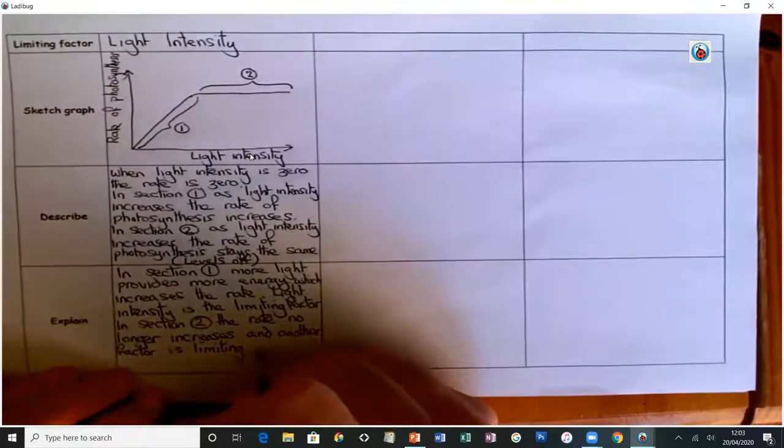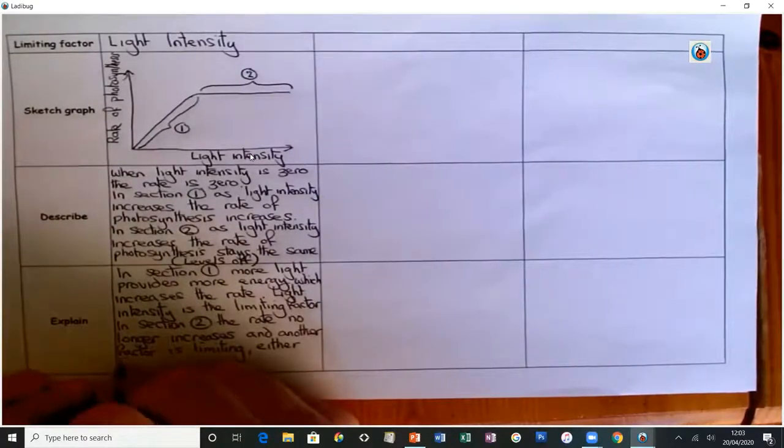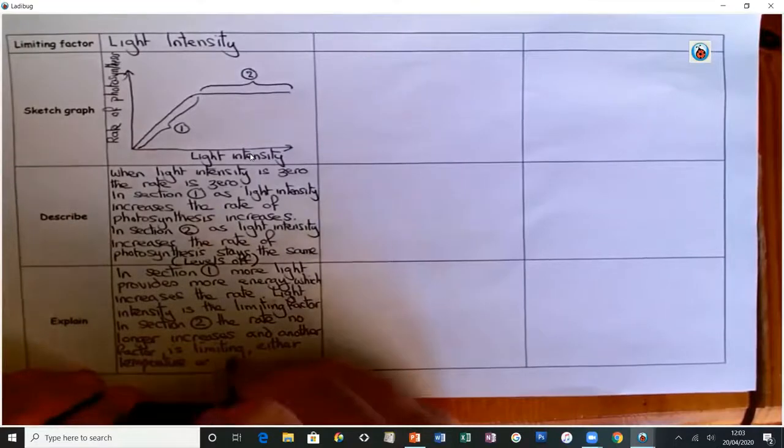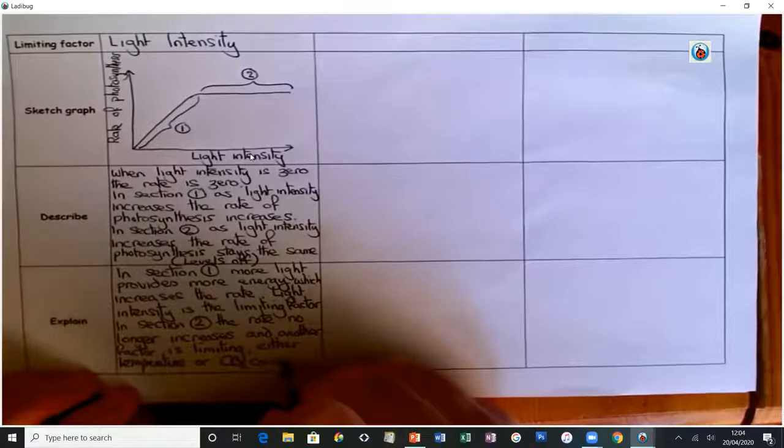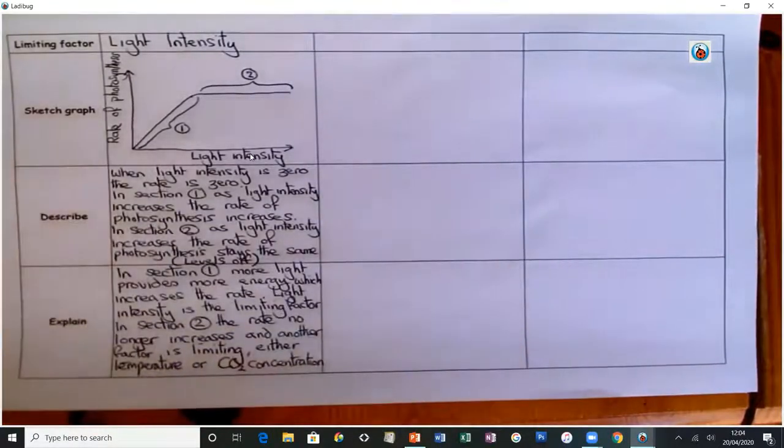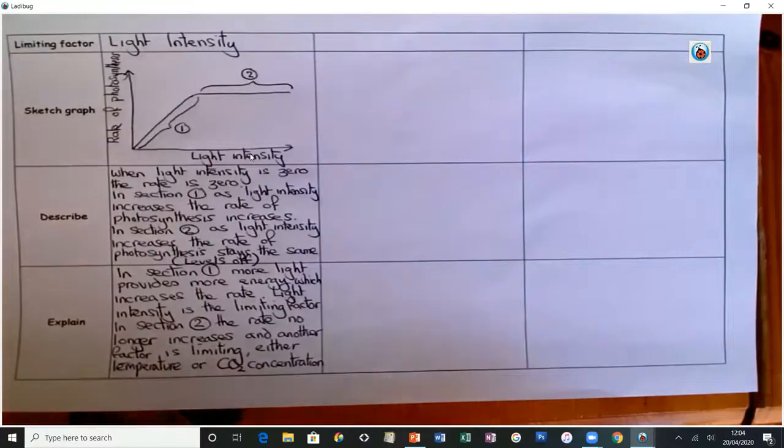Okay, and that's either temperature or carbon dioxide concentration. Okay, so that is light intensity covered. So we've got the sketch graph, we've got a description, and we've explained why it happens. Now let's look at carbon dioxide concentration.